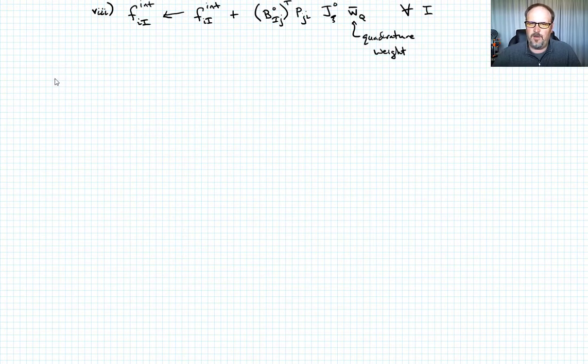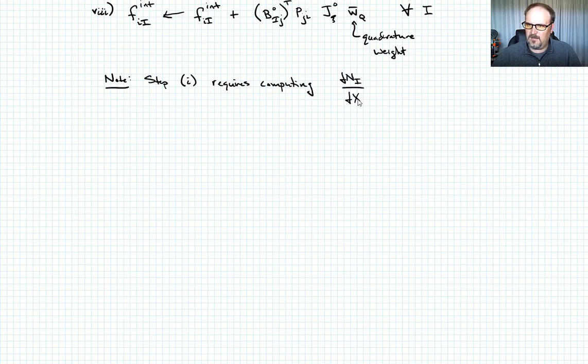I'm going to make a note here that step 1 requires us computing this quantity, del N_I del x_j, which we know via the chain rule we could write as del N_I del xi_k times del xi_k del x_j. Let's call that equation 13.